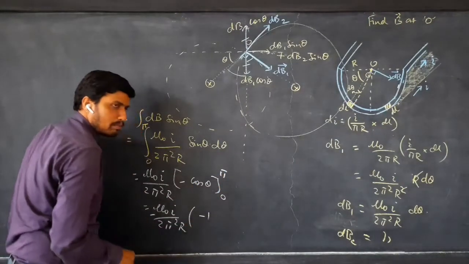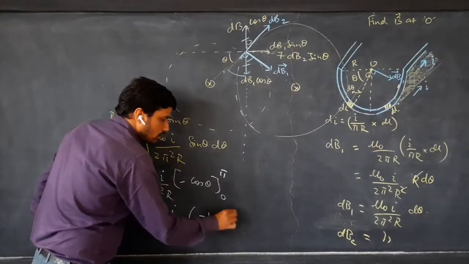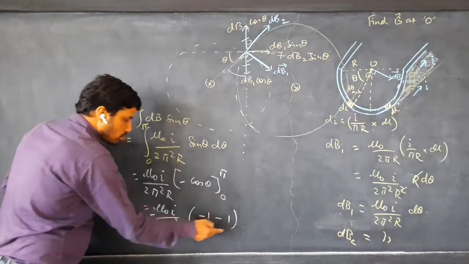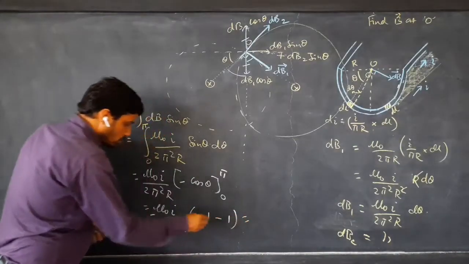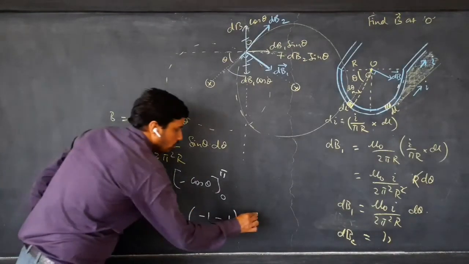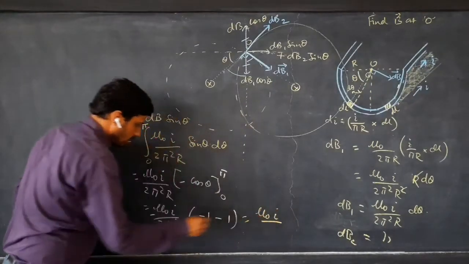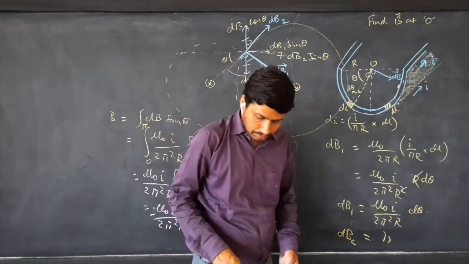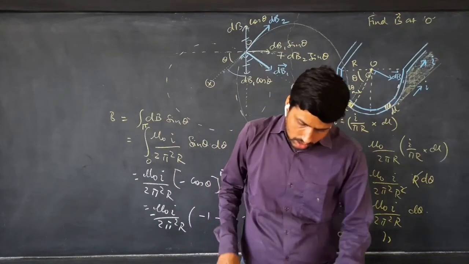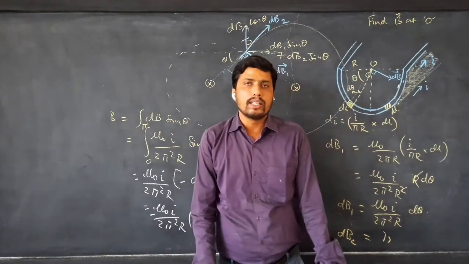Cos pi is minus 1, minus cos 0 is 1. So this becomes minus 2 and this minus sign, so it becomes plus 2. So 2 and this 2 will cancel. How much will be left? Mu naught I upon pi square r. Yes, that is the answer, mu naught I by pi square r.